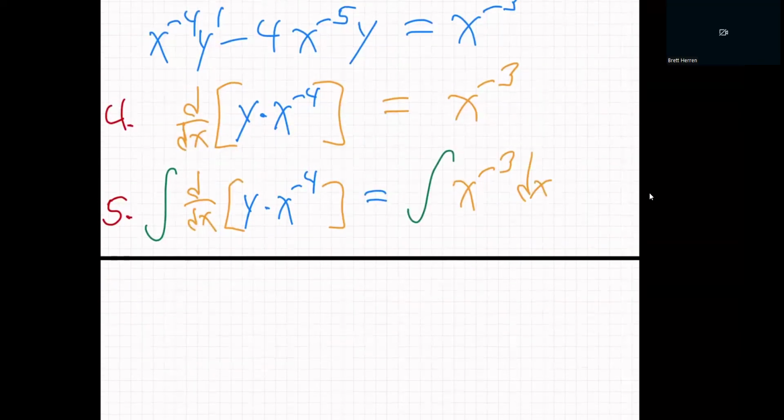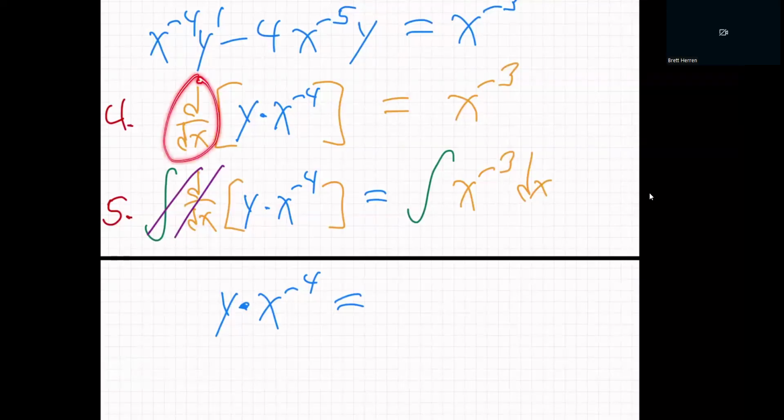Okay. Now what happens here? These cancel because derivatives and integrals are opposites. And so the y times x to the minus 4 just drops down. That's why we wrote the derivative on the left side, because then when we do the integral, integral and derivative cancel. Now the integral doesn't cancel over here because there's no derivative. It's just an integral. I've got to do the integral.